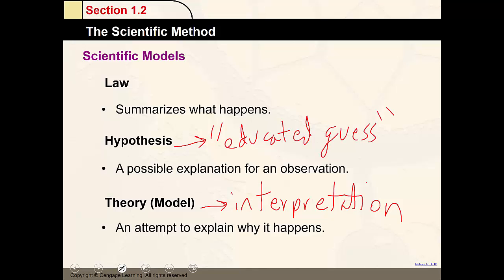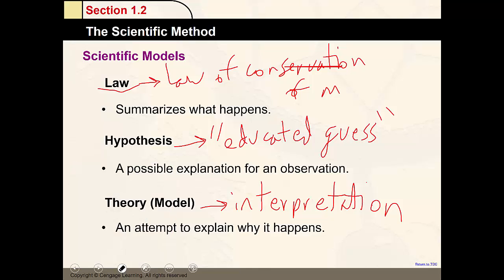And then we won't do this, but a natural law summarizes what happens, and it's a fact. It never changes. So the law we talked about with this last experiment was the law of conservation of mass.